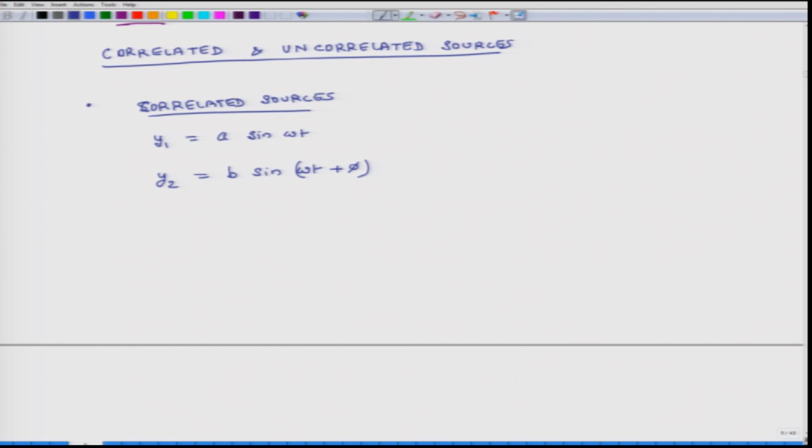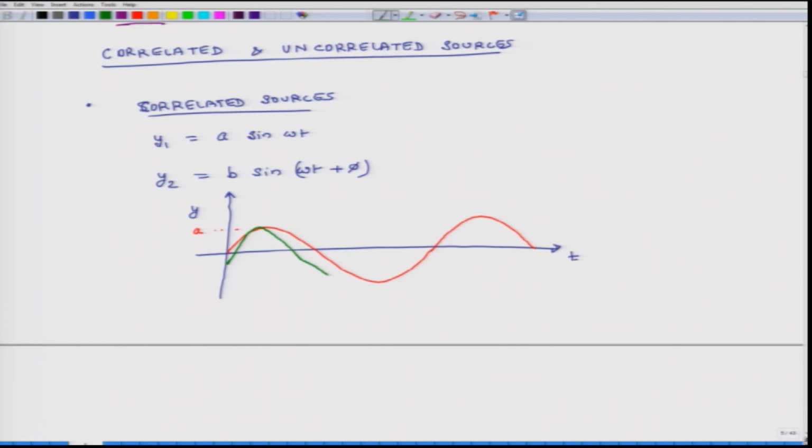Okay. So, if I have to plot this on a graph, maybe the first source looks like this, and this is A, and the second source has a phase difference, so it goes like this.